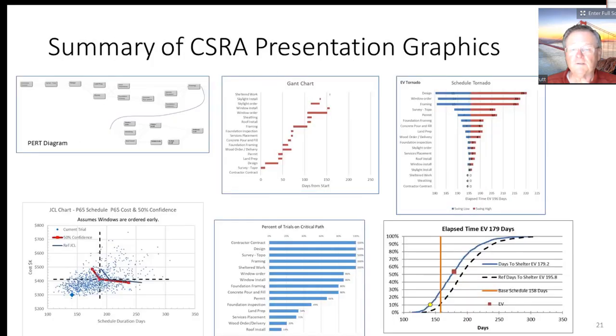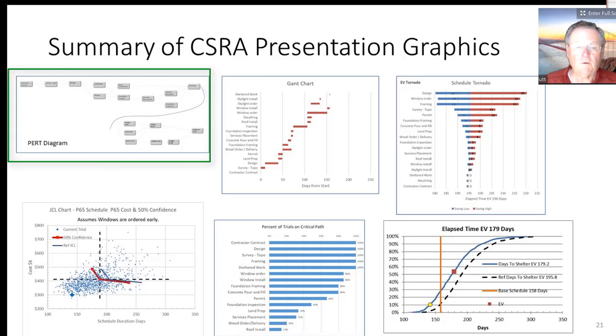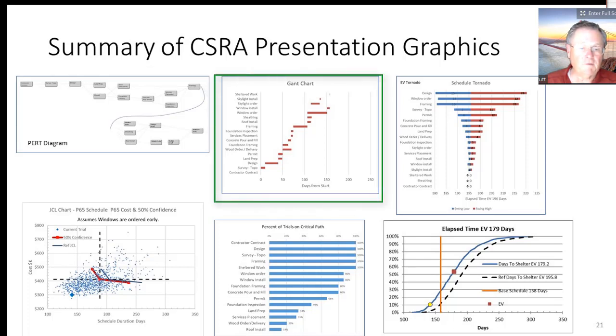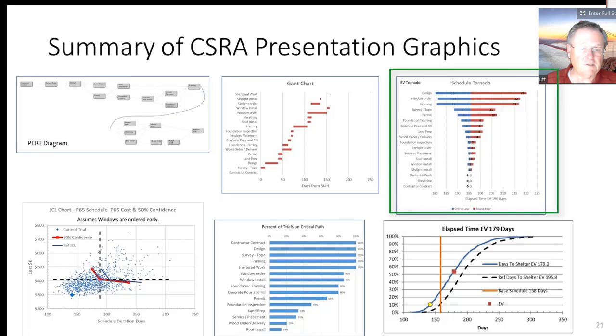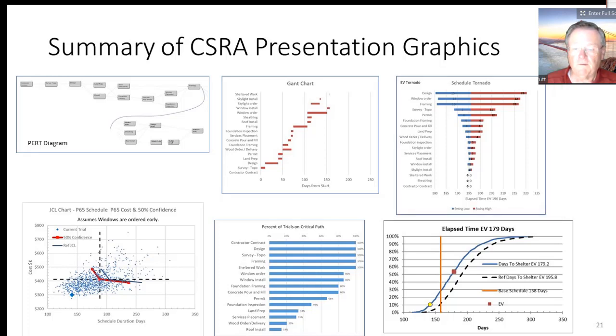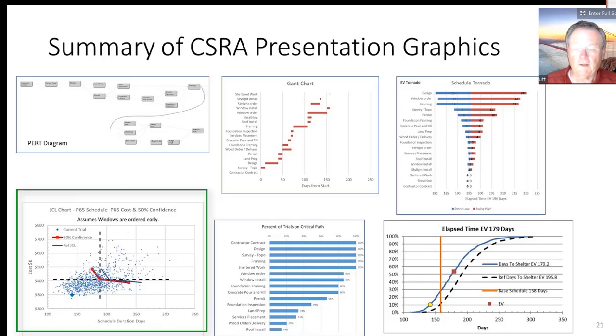So to summarize, there's a number of different charts we can use to explain the current situation with the CSRA. We have the PERT diagram, we have a Gantt chart, we have this EV tornado chart that tells the sensitivity of the tasks or the costs. We have the JCL chart that, if we want to look at the probability of meeting both the cost and the schedule, shows what budget and schedule we should be assuming.